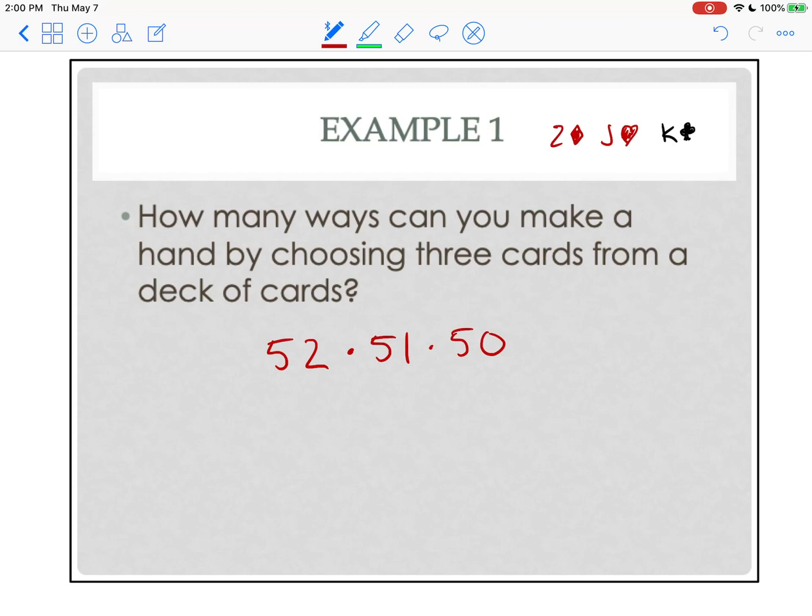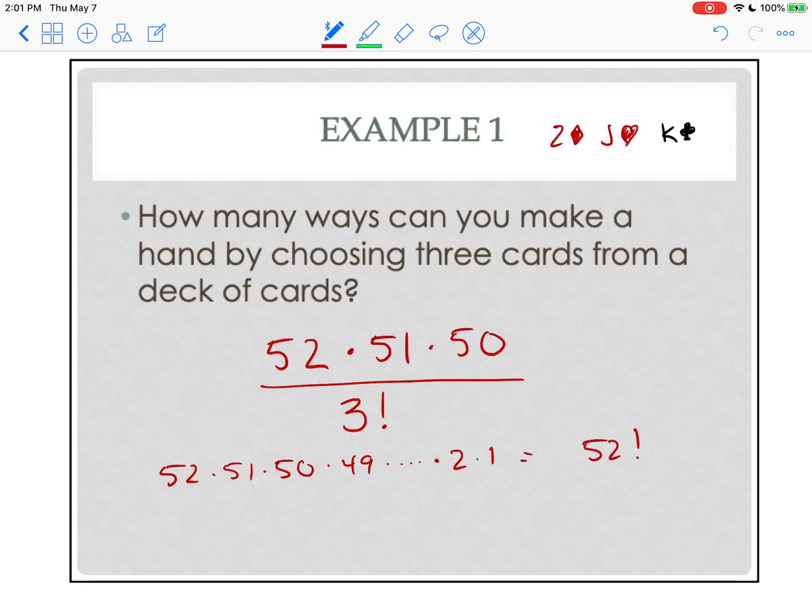So I want to make sure that I divide out all the different ways that I could arrange 3 cards, which is what we talked about last time. That is 3 factorial. So I'm going to divide out 3 factorial. Not only am I doing a permutation, because remember, to get 52 times 51 times 50, I'm going all the way down to 2 times 1, which is 52 factorial.